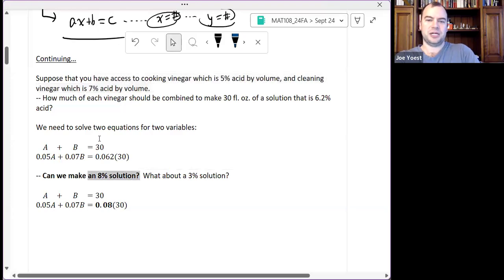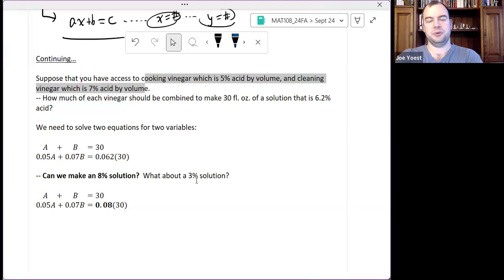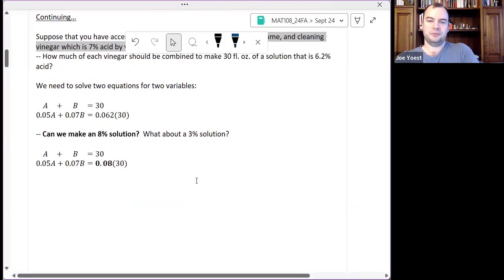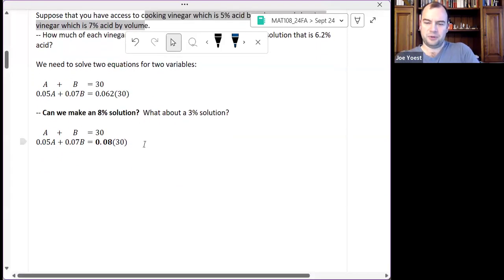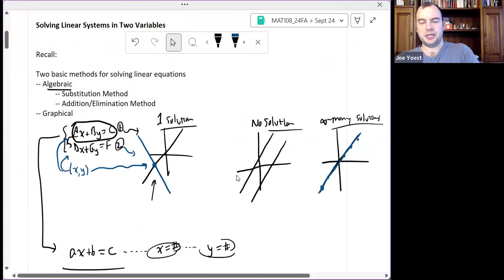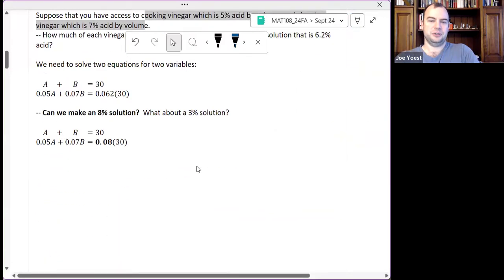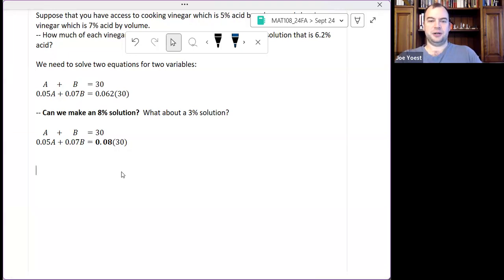But here we're desiring an 8% solution from two fluids which are 5 and 7% acidity. It seems like we shouldn't be able to come up with an answer here. What's going to happen? Are we going to suddenly fall into one of these edge cases? Where is the no solution going to come from? Let's investigate this. This was an exercise from last time, and we're going to work through this one today just to get us started.